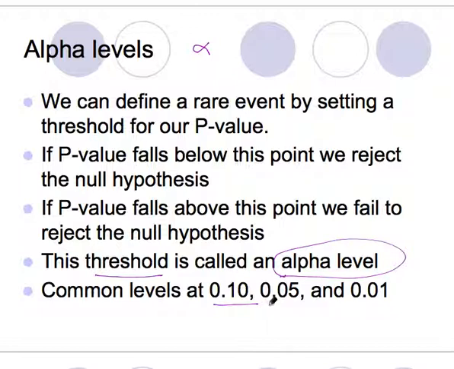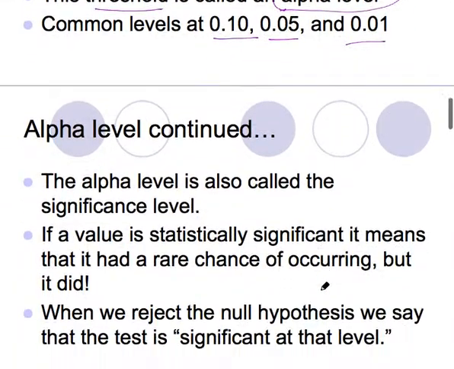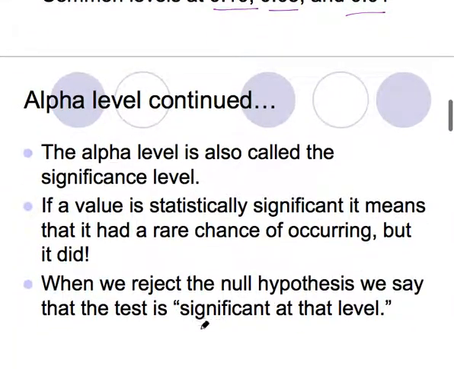These are the three most common levels. Okay, so 0.01 is smaller than 0.10. So you have to make the decision as to what makes most sense with the data that you're collecting. Okay, so these should be in your notes, what an alpha level is, and these three values for an alpha level. It's also called the significance level.